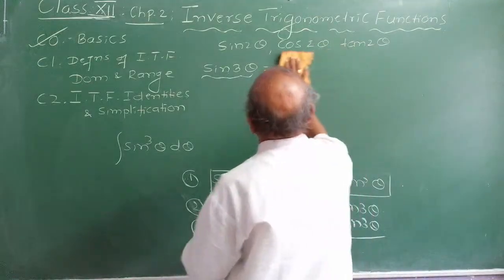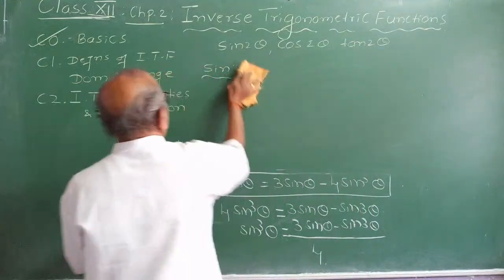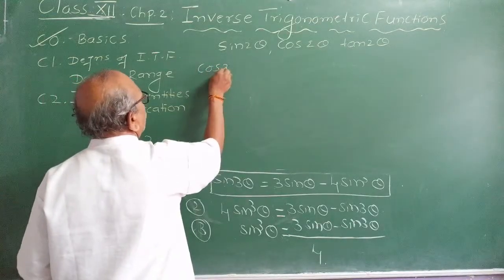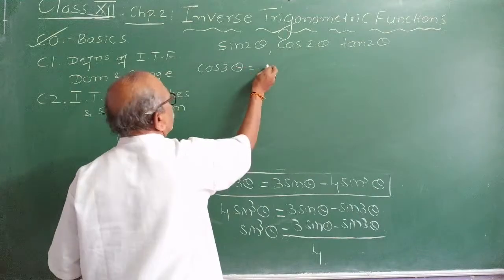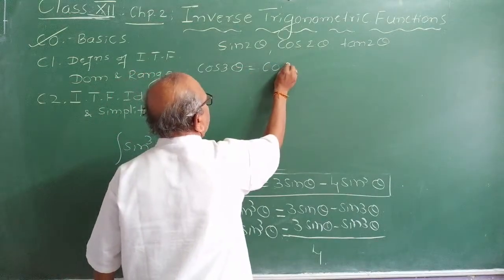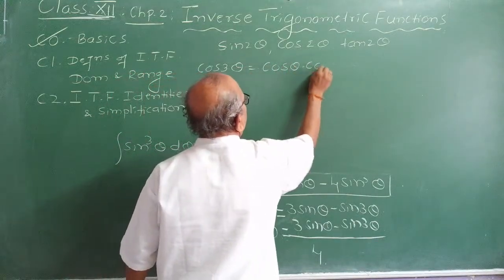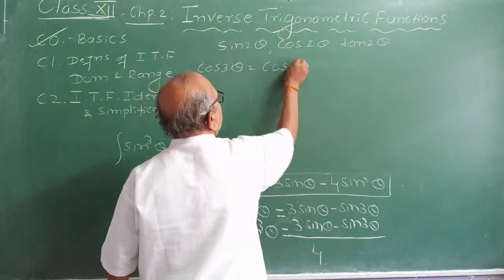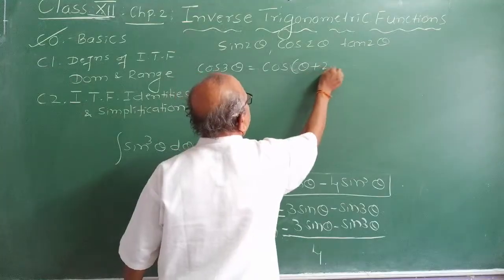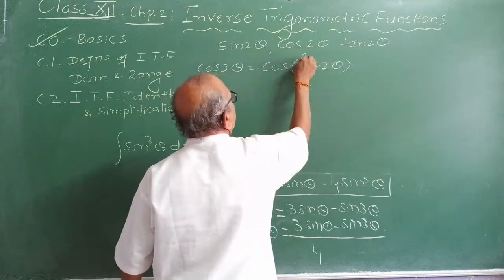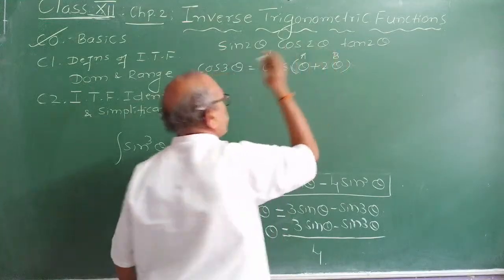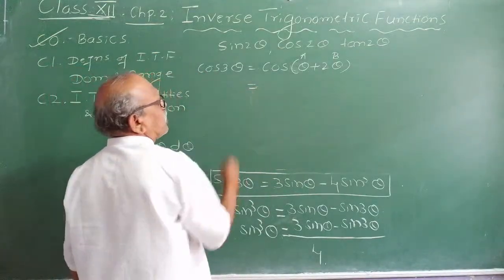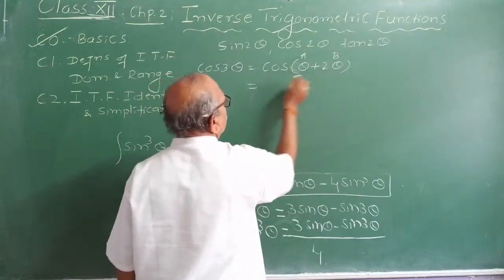Next, let us derive cos 3 theta quickly. Cos 3 theta. How do you write cos 3 theta? You can write it as cos of theta plus 2 theta. Can I write it as theta plus 2 theta? This will be A, this will be B. Now apply the cos A plus B formula. What is the cos A plus B formula?